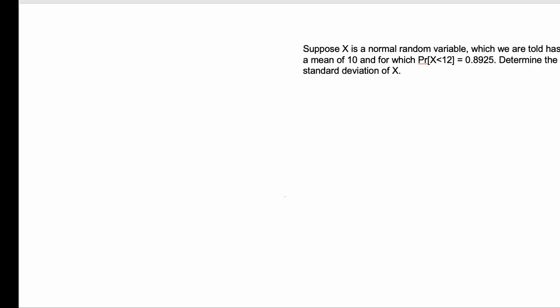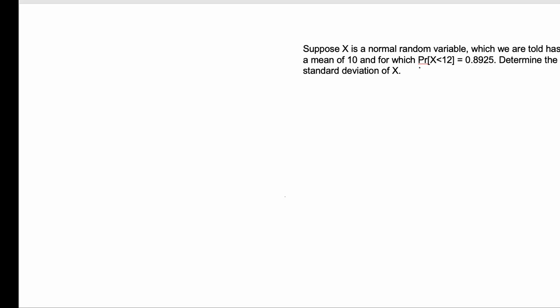So the guy came and told us this: the probability of this variable being less than 12 is something. Okay, how on earth did the guy get this number? The guy got this number by standardizing. There's no other way. If you don't have a standard normal, you have to standardize.